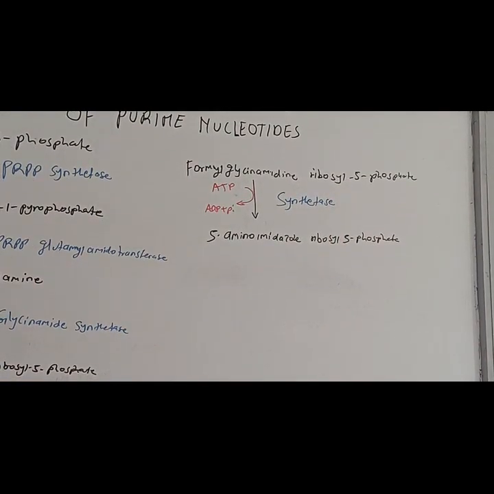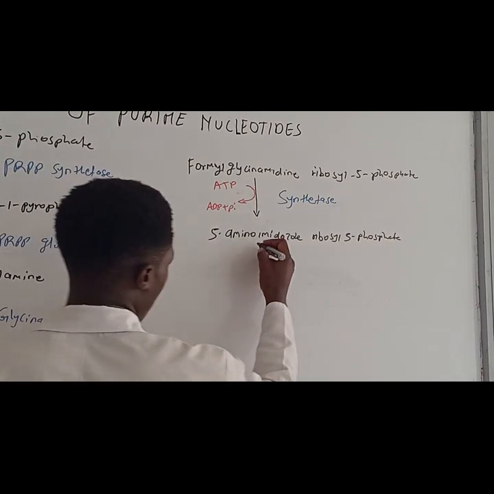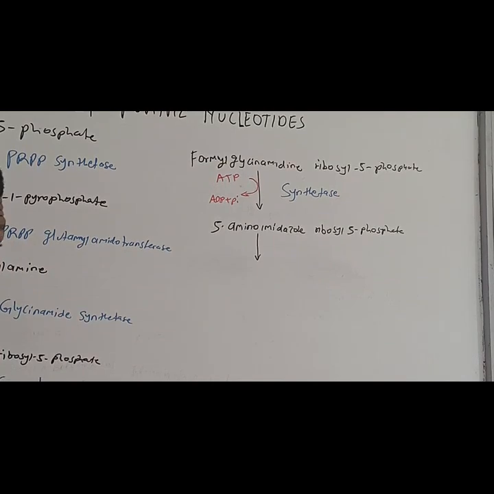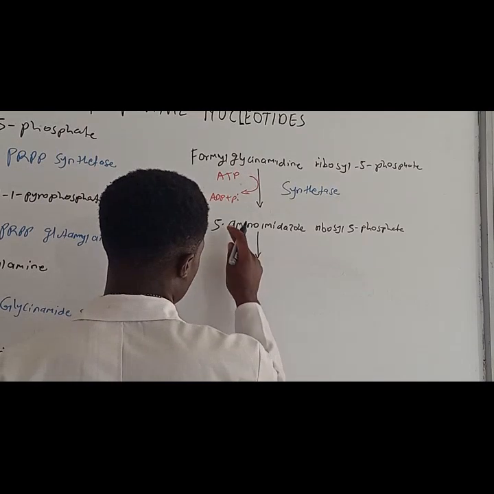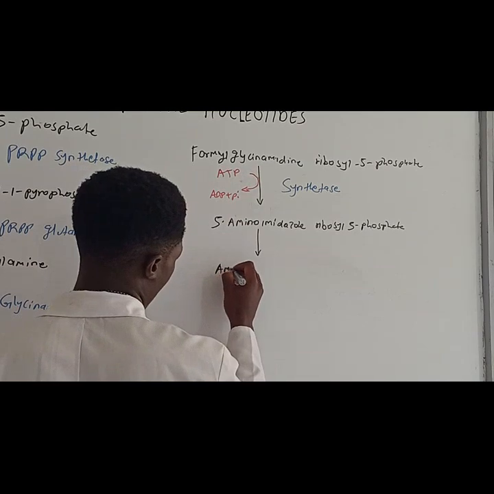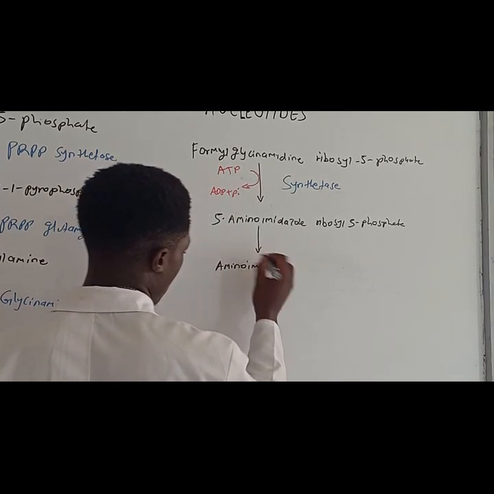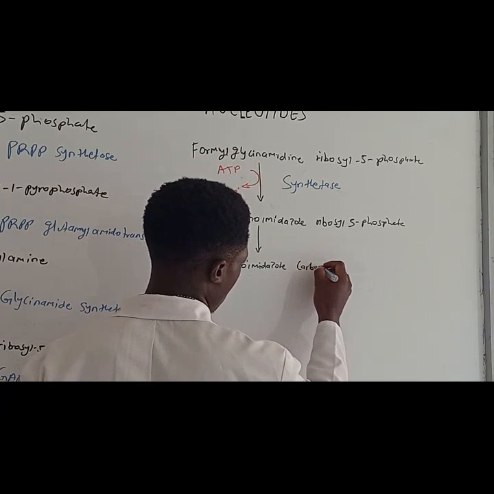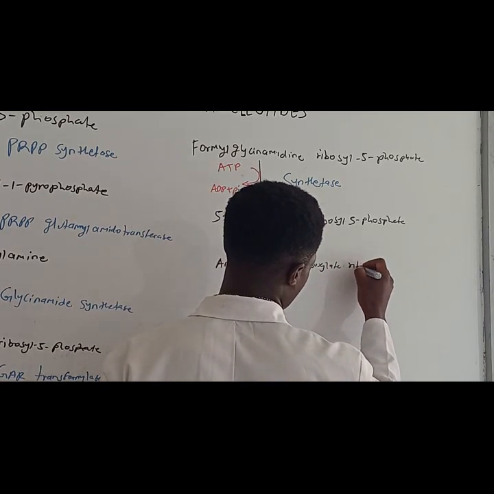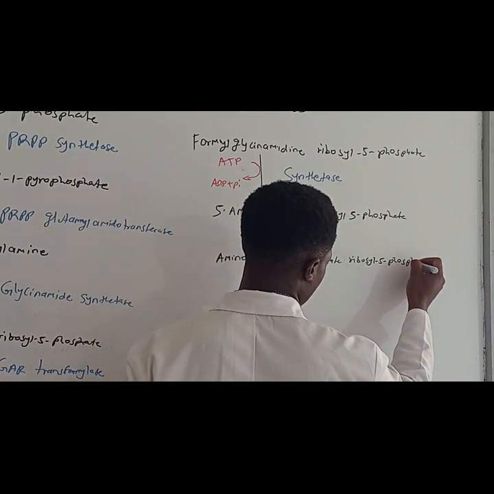Alright. Then from 5-aminoimidazole ribosyl phosphate, we are going to a new molecule, and this new molecule is going to be called aminoimidazole carboxylate ribosyl 5-phosphate.